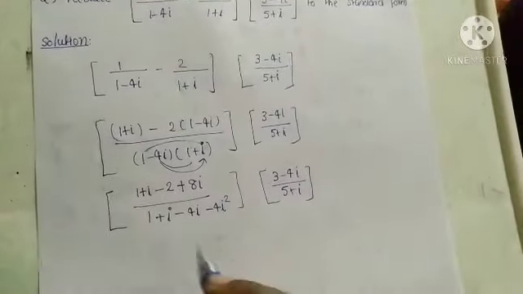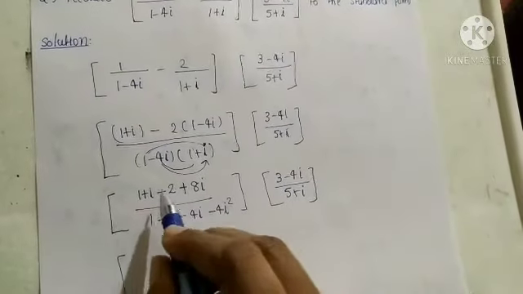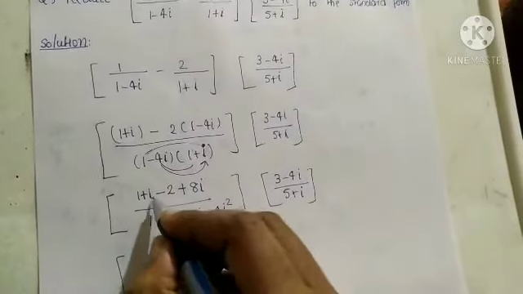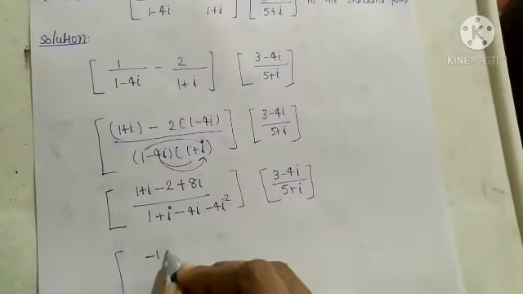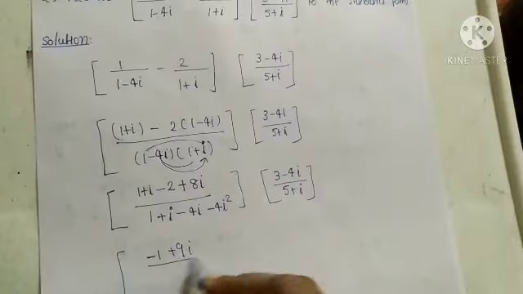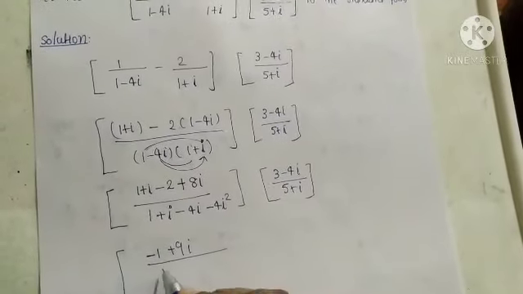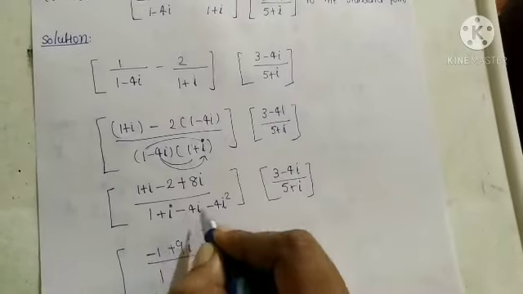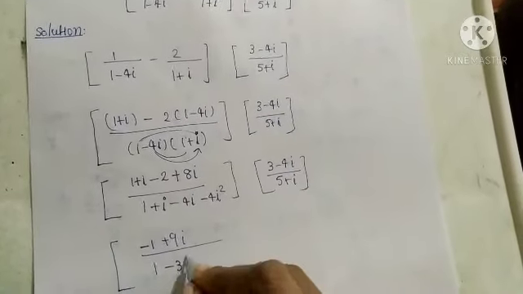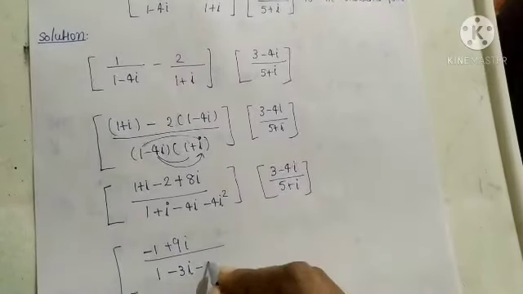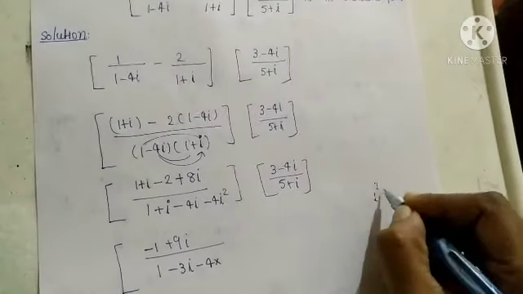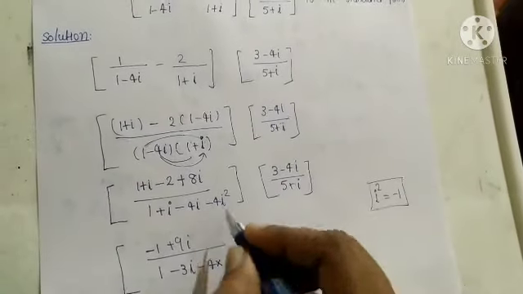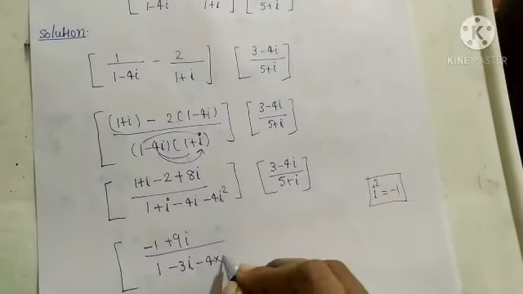In the numerator it will become 1 minus 2 is minus 1, and i plus 8i will become plus 9i, whole divided by 1 plus i minus 4i will become minus 3i, minus 4 into, I am going to change this i square is minus 1. We know that the value of i square is minus 1, so replacing this i square by minus 1.